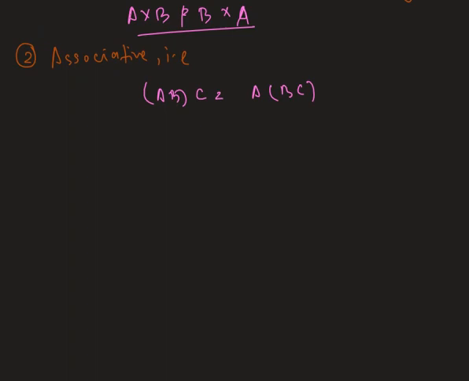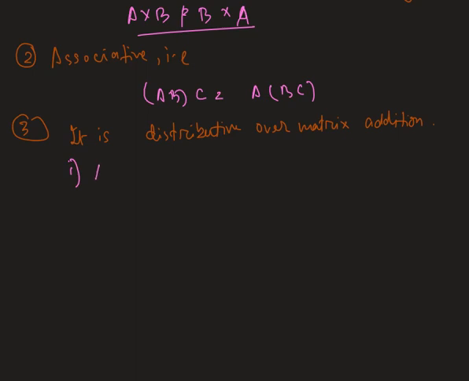Now come to the third property of matrix multiplication. Matrix multiplication is distributive over matrix addition. How can we define this?